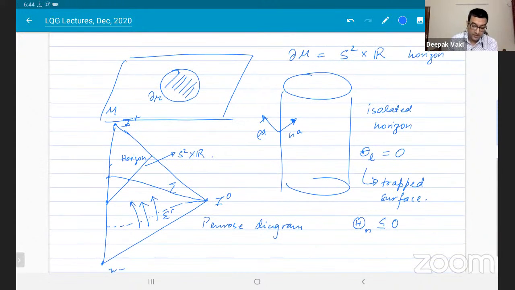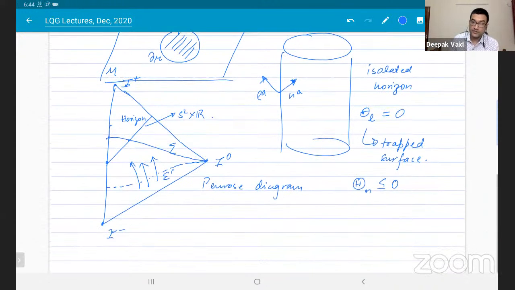Now what happens is that when you consider these isolated horizon boundary conditions in detail, using this Newman-Penrose tetrad formalism, these are two of the null tetrads, and then you can define two other null tetrads, m^a and m-bar^a. So together you get 4 null tetrads.